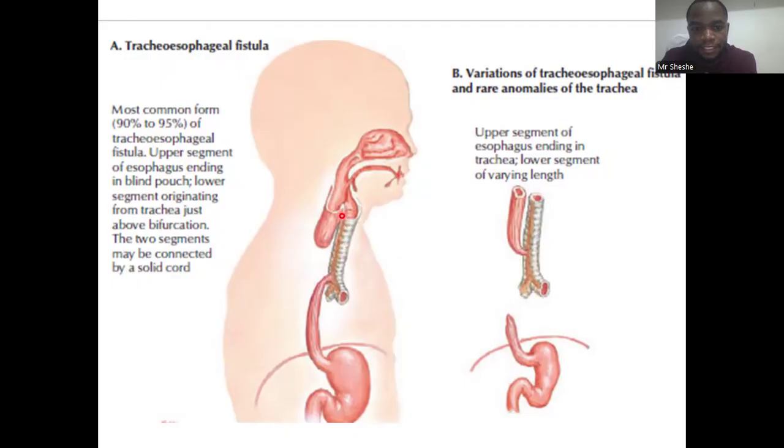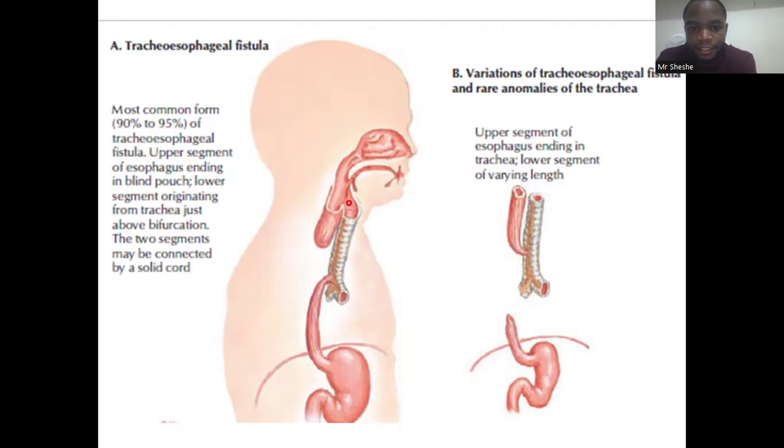The innermost layer is the mucosa, made up of stratified squamous epithelium. That's a protective epithelium because this organ mainly transmits food that has just been primarily processed by the mouth. To prevent damage, friction, and so on, it's made up of that epithelium.